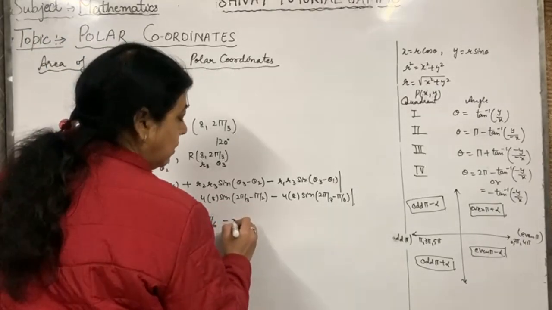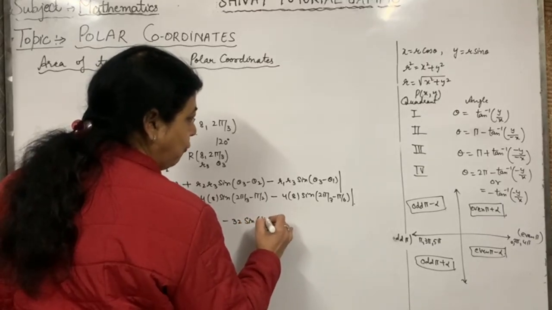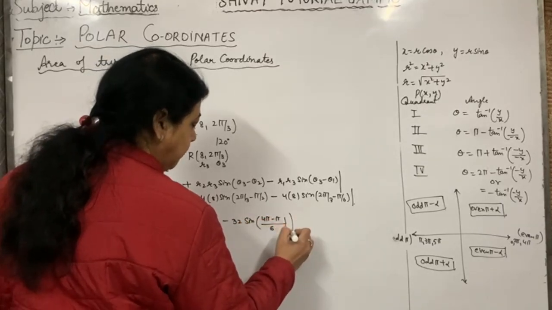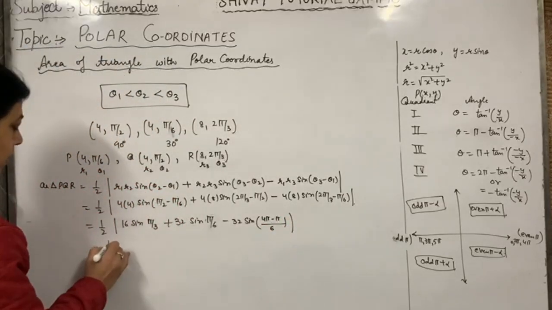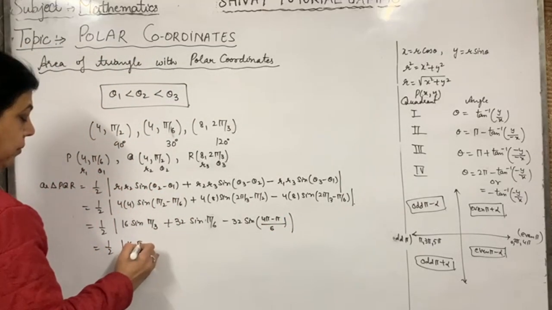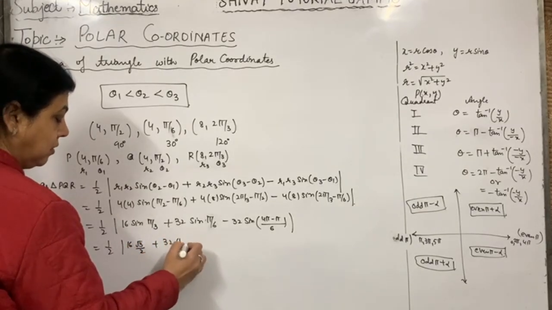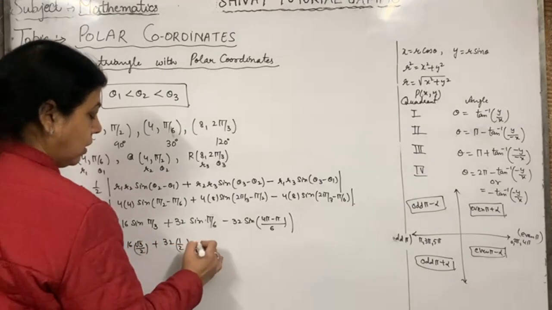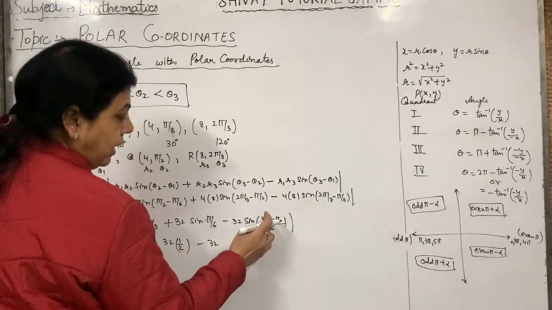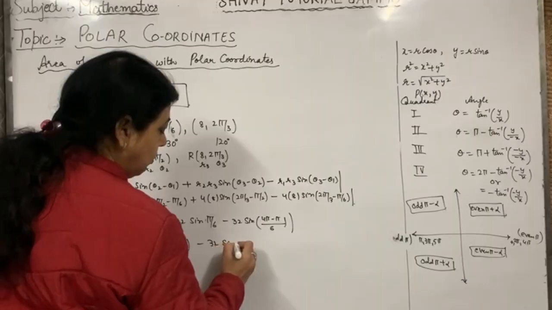And for 32 sin, just like before we take the LCM, it will be 4 pi minus pi. So 16 sin pi by 3, which is root 3 by 2, plus 32 sin pi by 6, which is 1 by 2, minus 32 sin of 3 pi by 6, which means pi by 2.